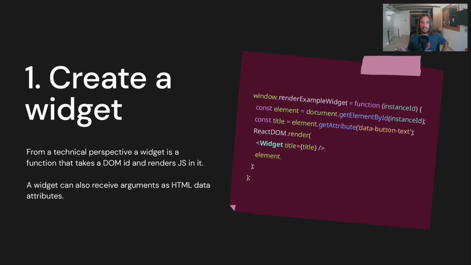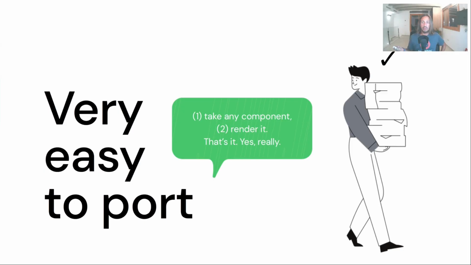See the title, and that title is the input data that the editor will fill in eventually. So in here you have all of it in a nutshell, and you can see that it's very easy to port your existing components to make them widgets. It's a couple lines of code.